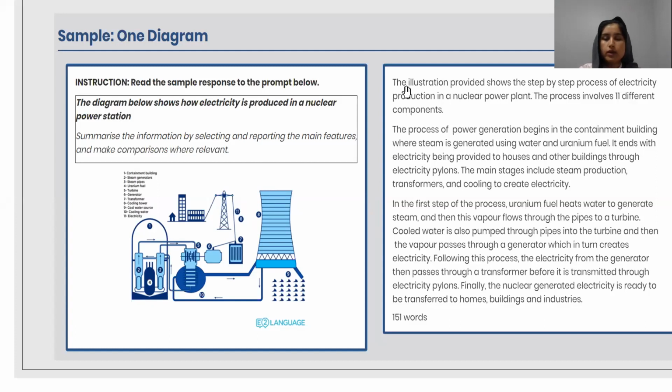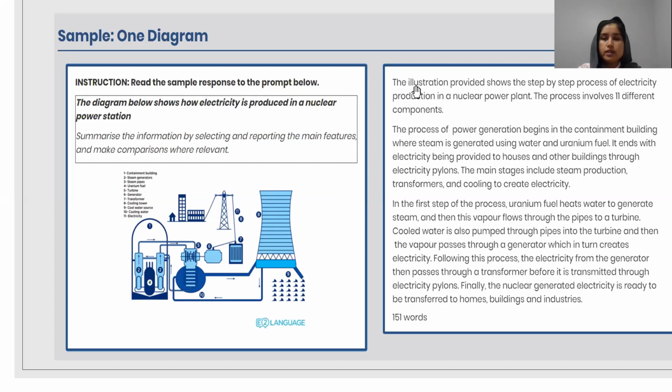paraphrase the question. So we say the illustration provided shows the step-by-step process of electricity production in a nuclear power plant. So instead of diagram, it can be said that it's an illustration.